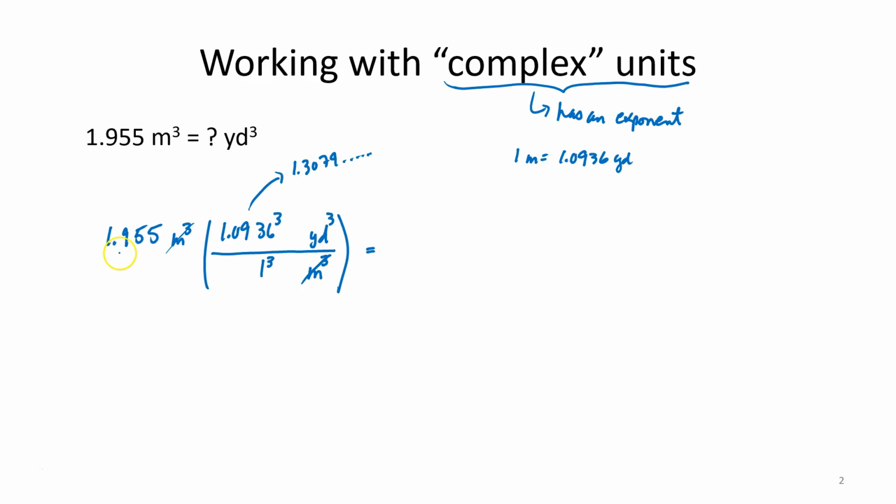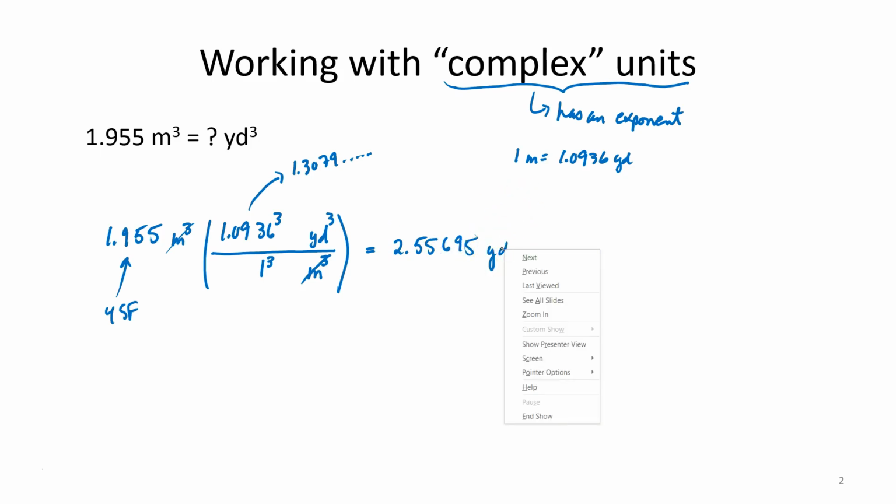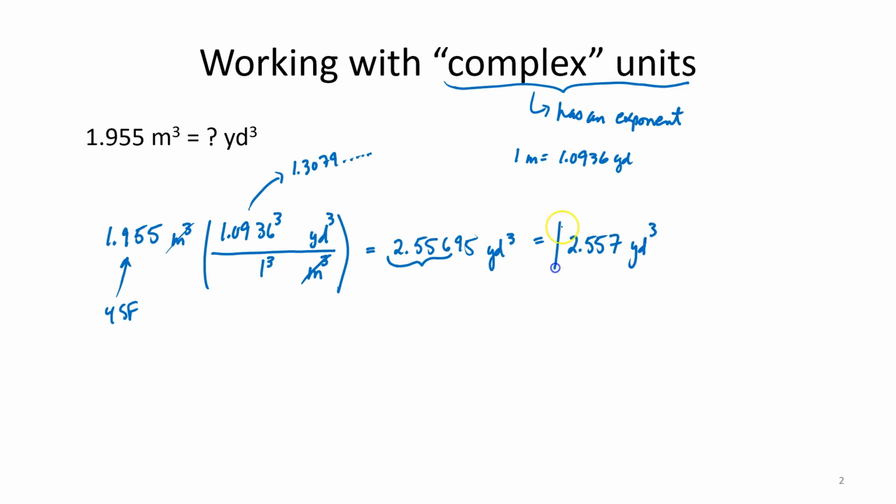And I think I'm going to need 4 sig figs in my answer, right? This has 5 sig figs, so I'm only going to want 4 sig figs. And I'm just going to write down all of my digits, I think. 2.55695 cubic yards. And if I round this to 4 sig figs, that ought to be 2.557 cubic yards.